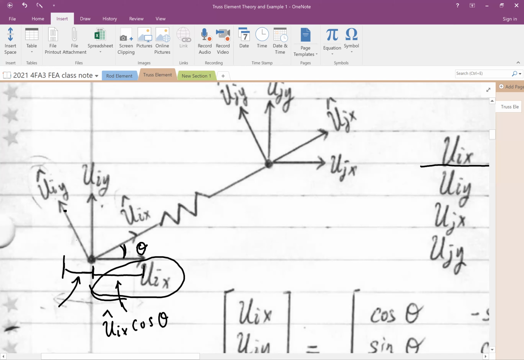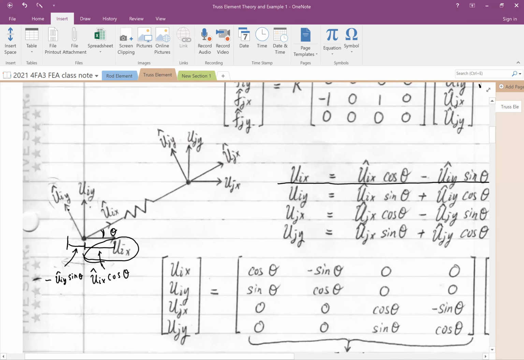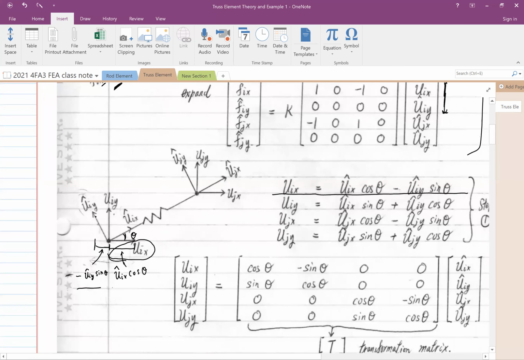This is moving to the left, so it's negative UIY hat sine theta. We move these two terms over there, and you get the first equation.